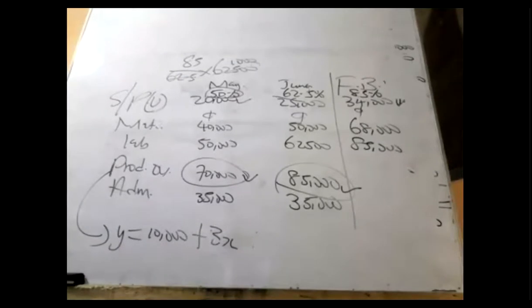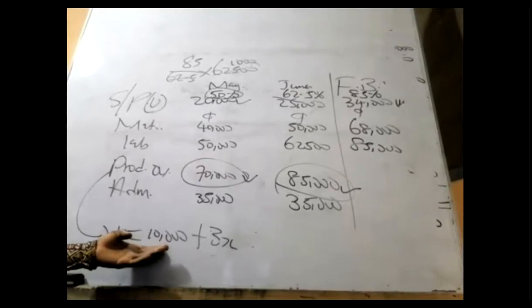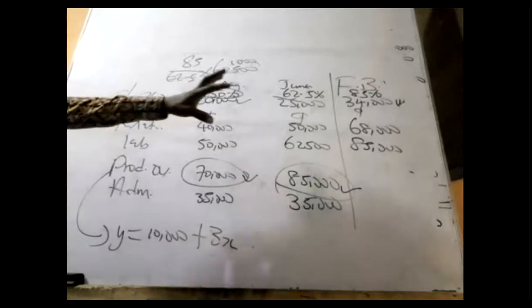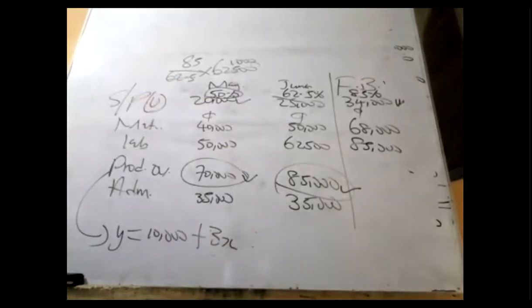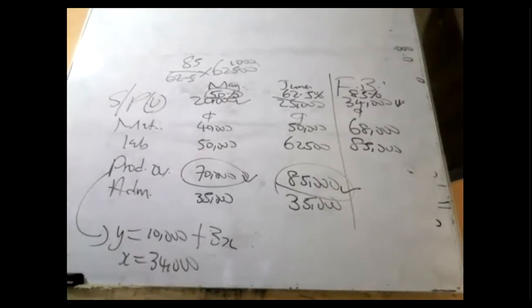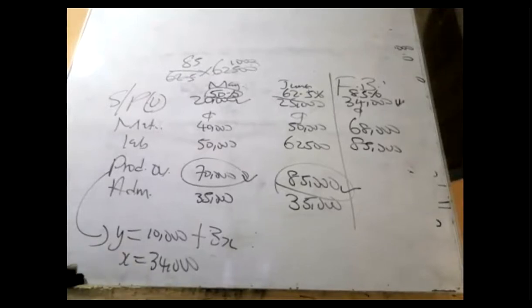So for the production overhead cost, any semi-variable cost, the cost formula will be like this: 10,000 fixed cost plus 3x. Now, if I select x equal to 34,000 units, find me the total cost. X is 34,000 units, so what will be the total cost? To flex, let us examine.